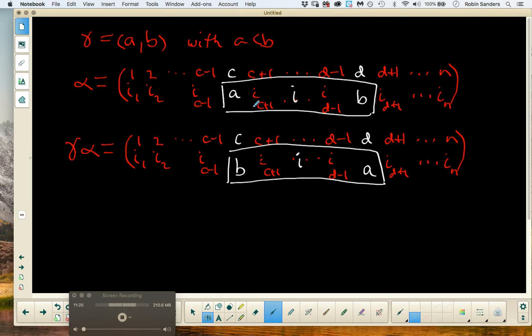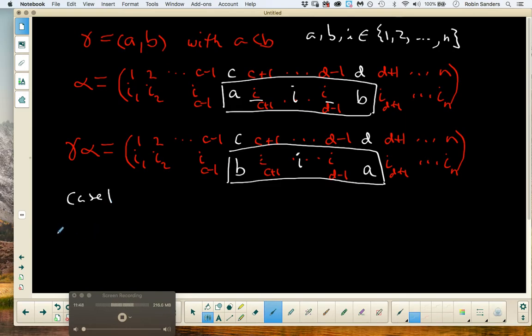So I is somewhere on this row between here and here. Now, A, B, and I are simply integers. They're in fact natural numbers. They belong to the set 1, 2, 3, all the way up to n. And they're three distinct numbers, so one of three cases has to happen.